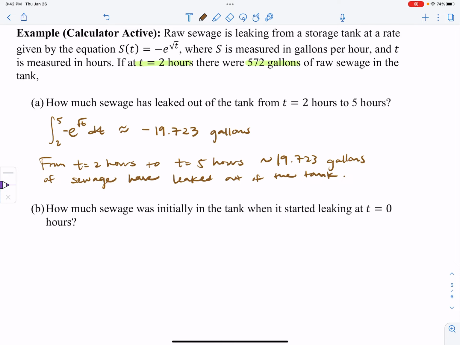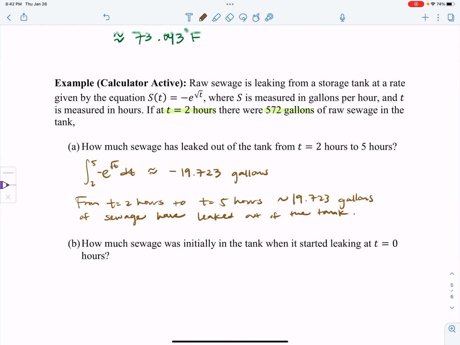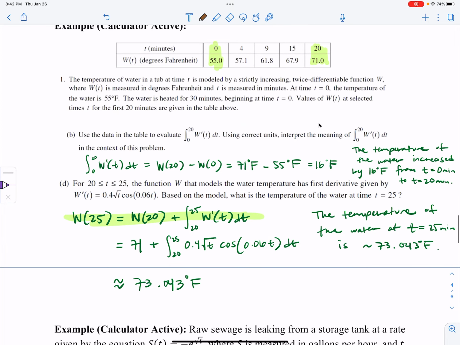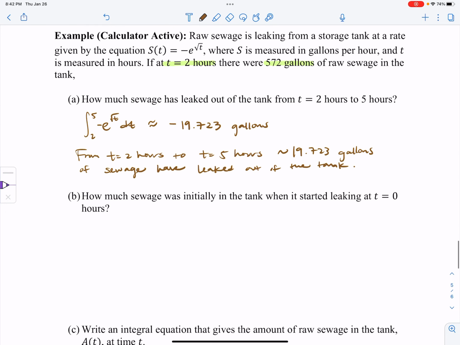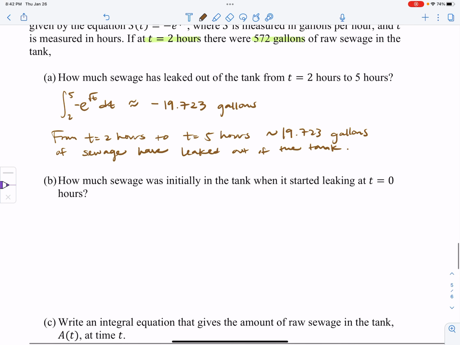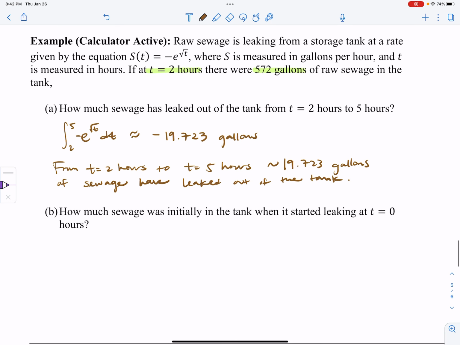Okay, so we would still want to set this up as, what do I want the amount of raw?